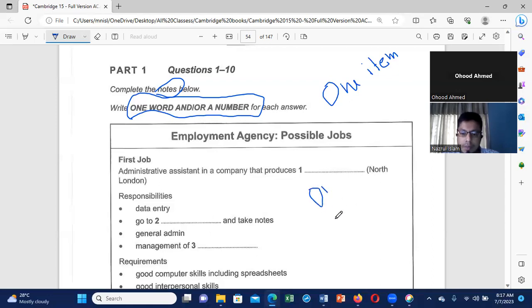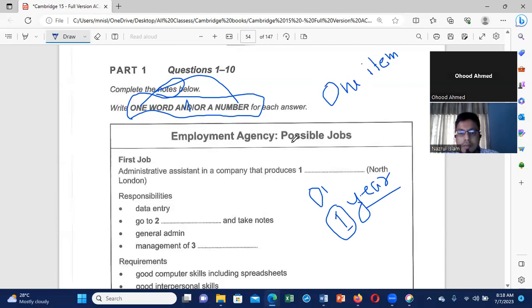If I say 1 year, just see, this is the number, this is the word. It means and, and. One word and a number. Have you got it? 1 year. Number, then word.